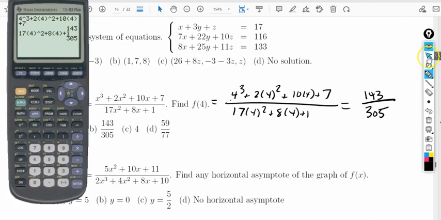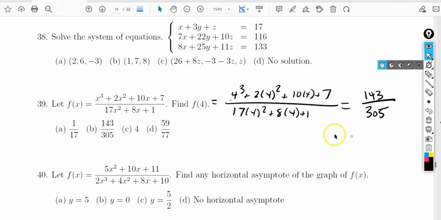So now do 143 divided by 305, enter, and then do math, enter, enter. If it reduces, it'll show it to you in lowest form. It does not reduce. So now we can see, there we have it.